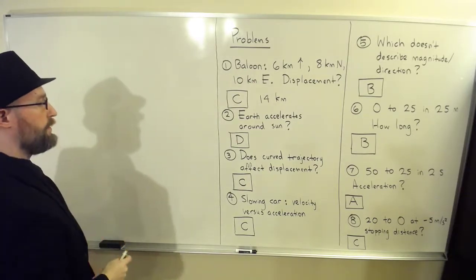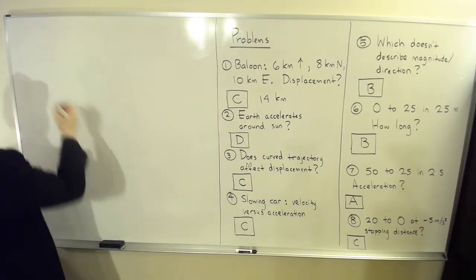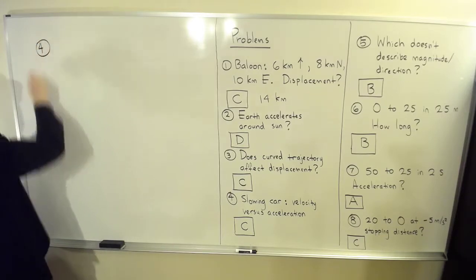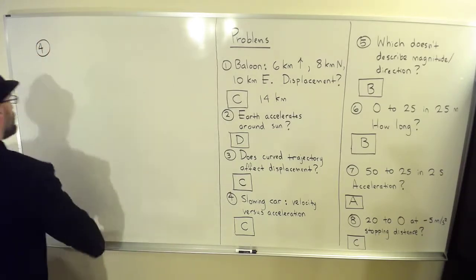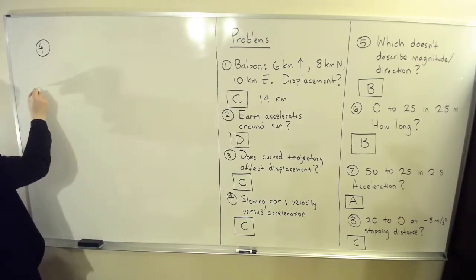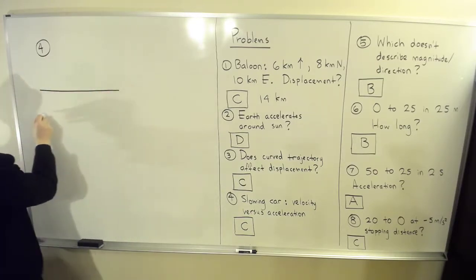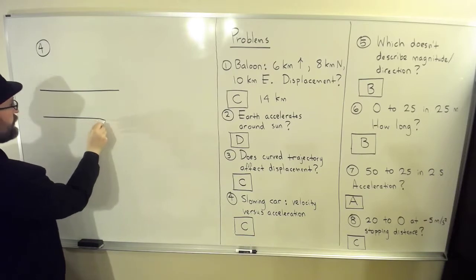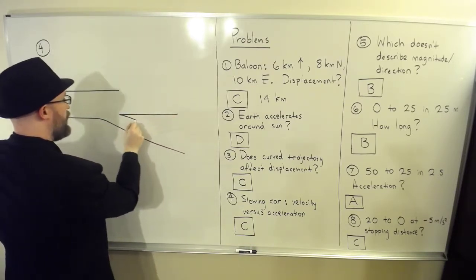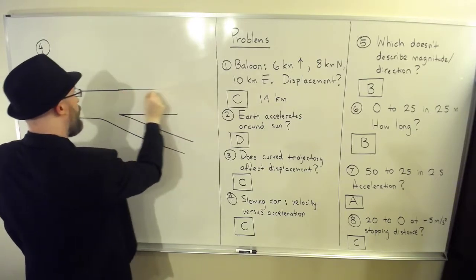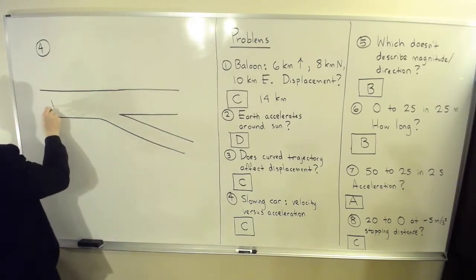Number 4. Now, in number 4, what they do is they pose this problem where they say, okay, well, there's an interstate. Let me draw the picture sideways here because I'll have more room. So here's an interstate, and then there's this off-ramp. So you're getting off the interstate here. And so here's your car.